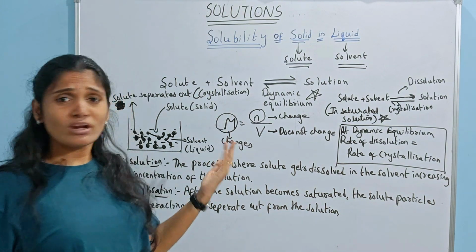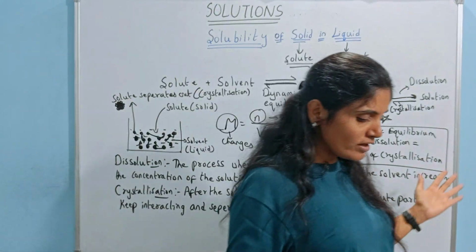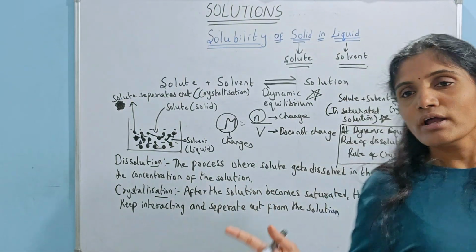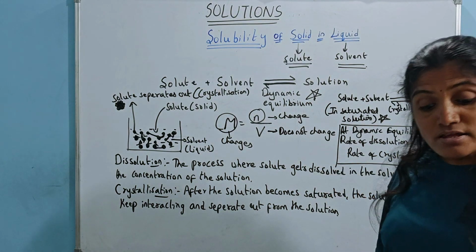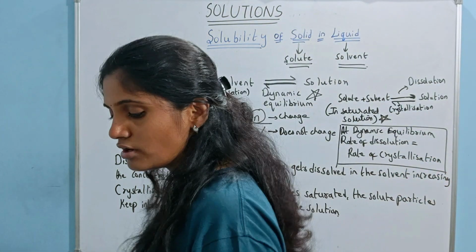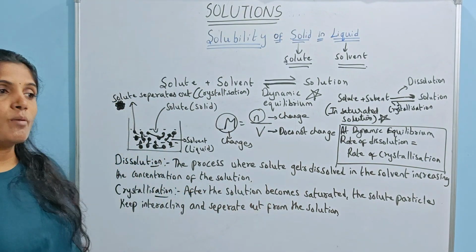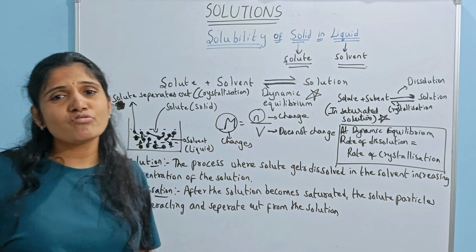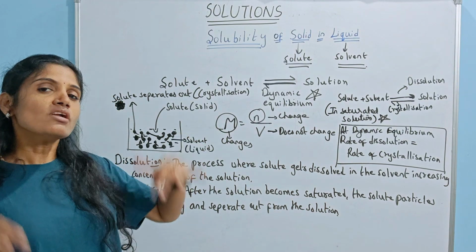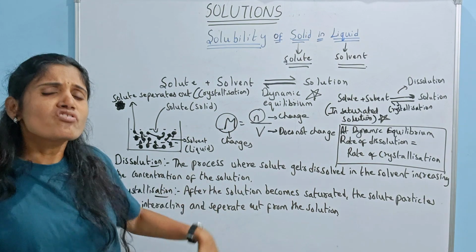Dissolution will take place, crystallization will take place when the saturation point is reached, and in the saturated solution, the rate of dissolution is equal to rate of crystallization. Such a condition I call dynamic equilibrium, and dynamic equilibrium is only shown by saturated solutions. There is no point in it being shown by unsaturated solutions, because it is still taking solute, which means it can still dissolve.